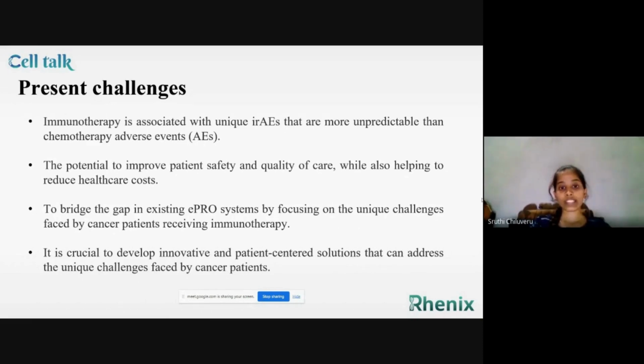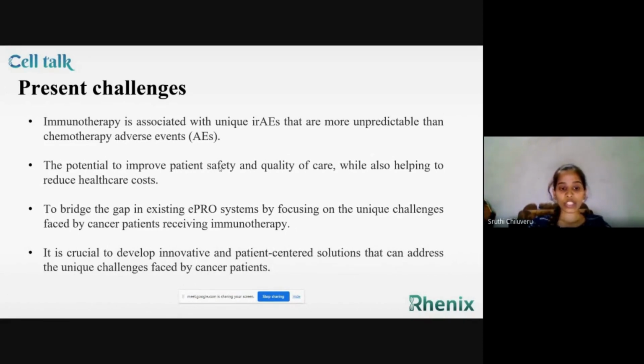Immunotherapy is associated with unique types of immune-related adverse events, which are very dangerous and hazardous to cancer patients' bodies. They are more unpredictable than chemotherapy adverse events, and there is also the potential to improve patient safety and quality of care, while helping to reduce healthcare cost and to bridge the gap in existing EPRO systems by focusing on the unique challenges faced by cancer patients receiving immunotherapy.